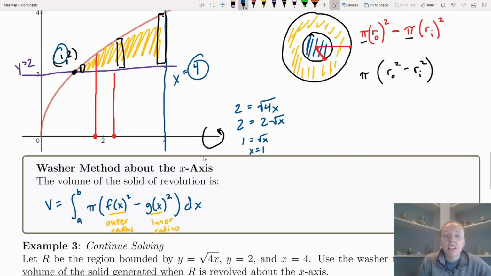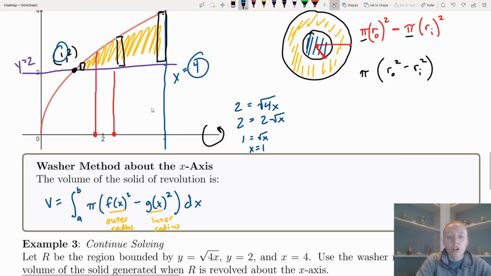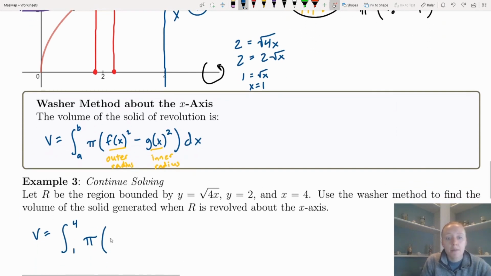Remember that outer radius is the largest distance from our axis to our rectangle, which is from our axis to the function y equals square root of 4x, because remember that was our outer radius. That's going to give us that full solid. So we're going to do pi times the square root of 4x, because that's that function, squared.